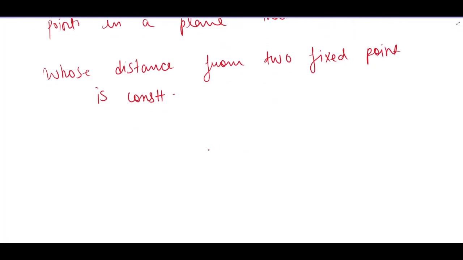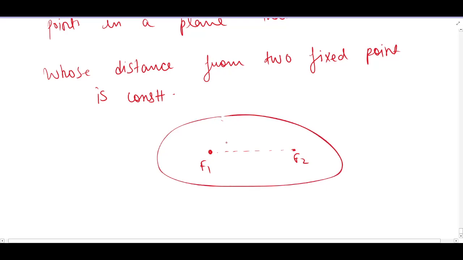So if this is focus 1 and this is focus 2, and this is an ellipse, and if we consider any point P on the ellipse, then PF1 plus PF2 is equal to constant.